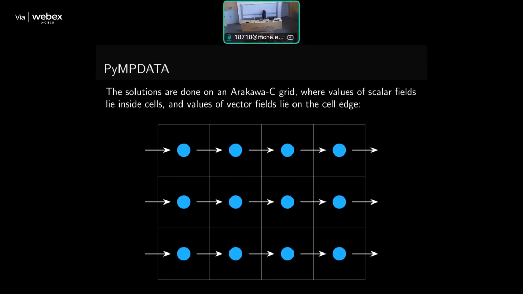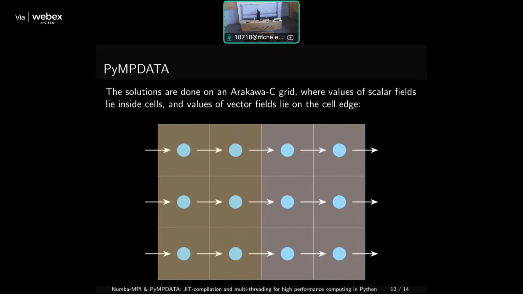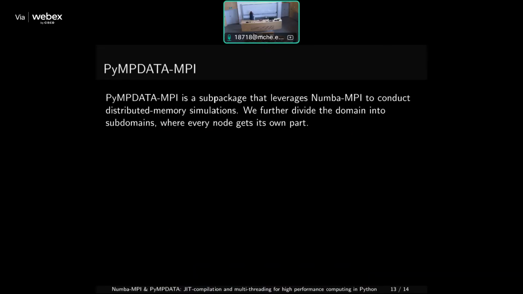And the idea is simple, we just dispatch those tasks. We tell processor 1 to handle one part of the domain, processor 2 to handle this part of the domain, same with threads, which is available thanks to Numba. That's the simplest idea.